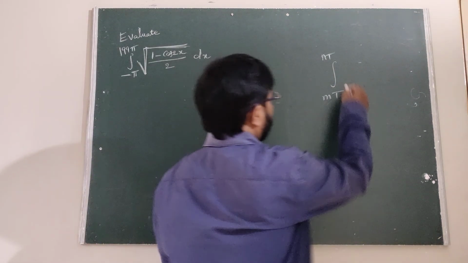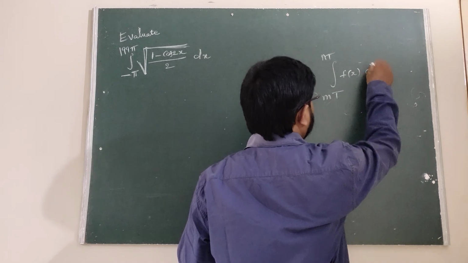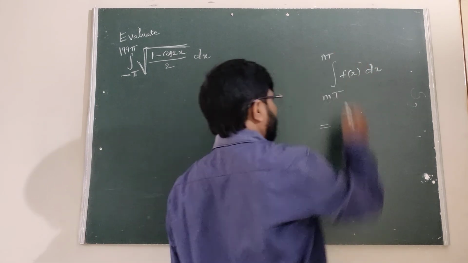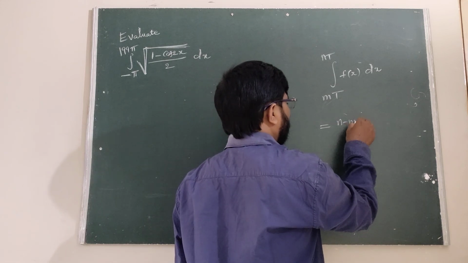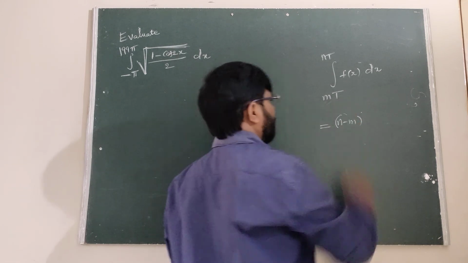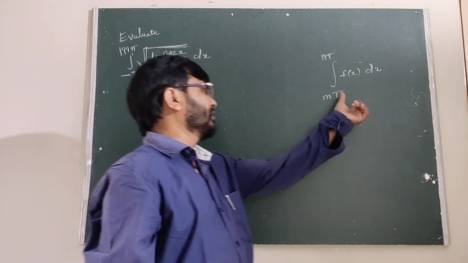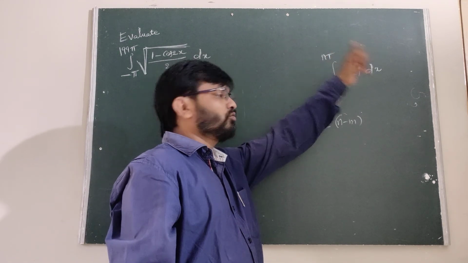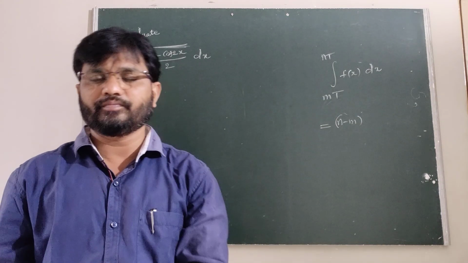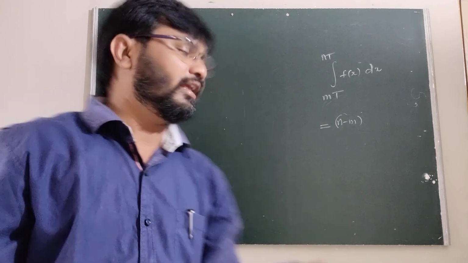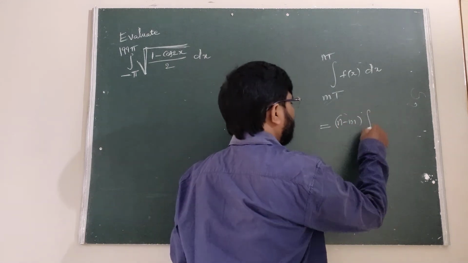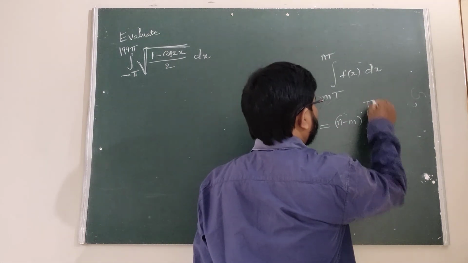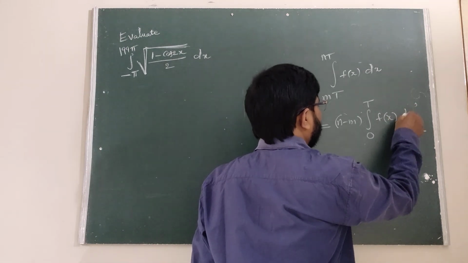The integral mT to nT of f of x dx, where f of x is a periodic function of period T. What is the formula? n minus m. We can write here mT minus mT, 0. Here also nT minus mT. Then we take the common T, n minus m. Therefore we can write the n minus m outside of the integral, that means 0 to T f of x dx.